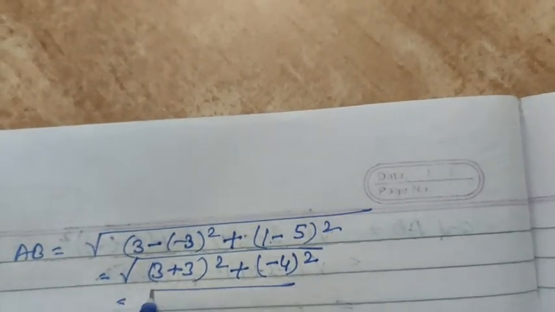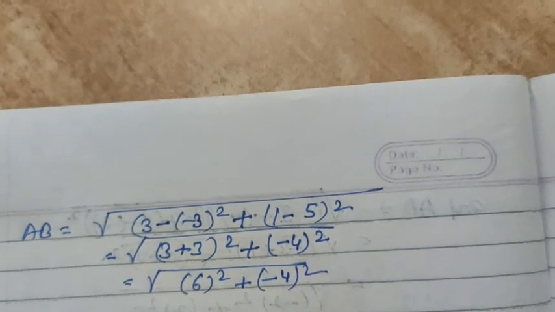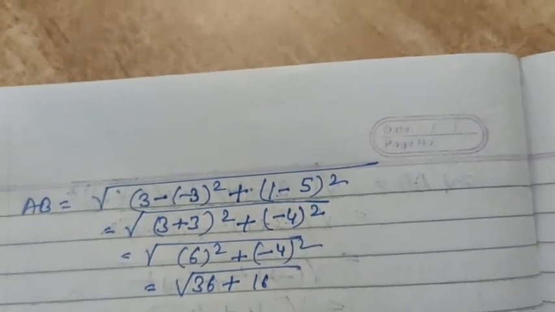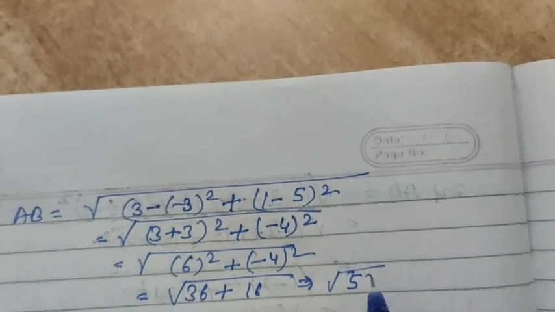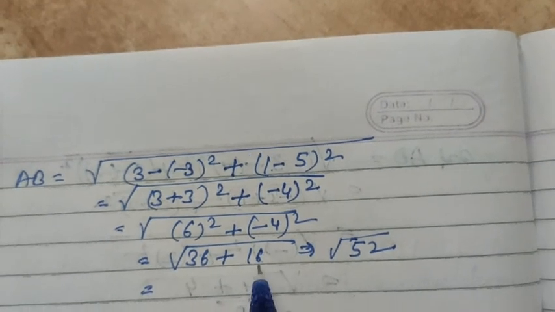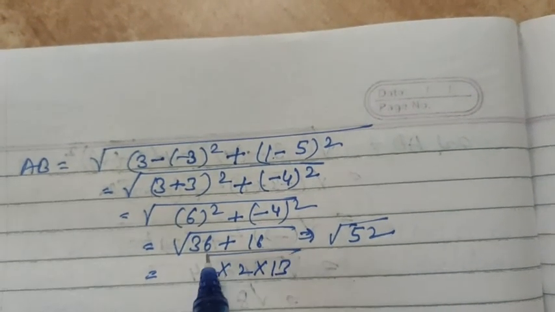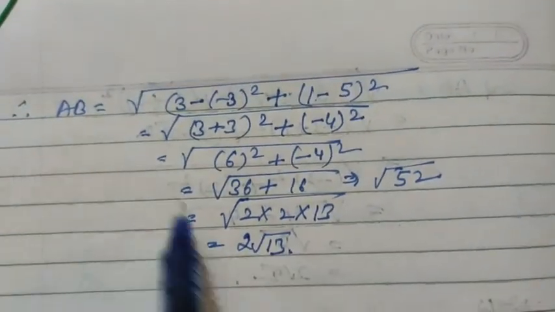So this will be 3 plus 3 becomes 6, 6 square plus minus 4 square. This can be written as 36 plus 16. So this will be 52, we can say square root of 52. 36 plus 16 becomes 52, and this can be written as 2 into 2 into 13. So this will be 2 under root 13. We have AB as 2 under root 13.